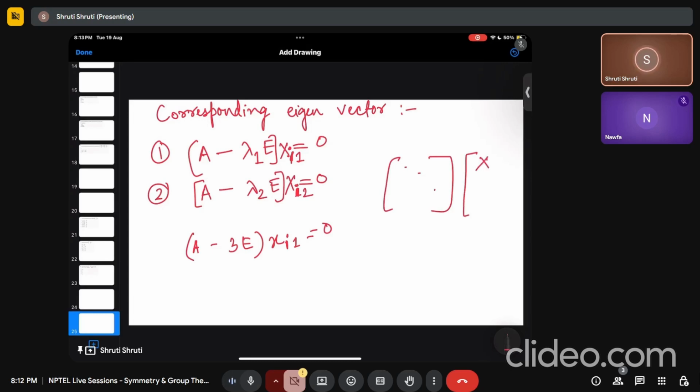So your X should have x11, x21, x31. This should be a 3 cross 1, and this should be 3 cross 3. When you multiply, it will become a 3 cross 1 matrix. So those three x values will define the eigenvectors.